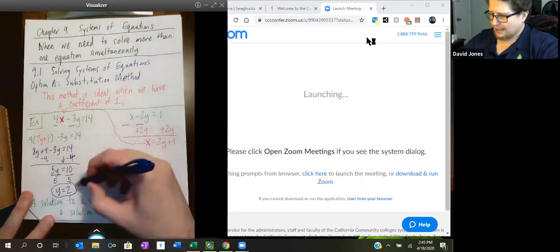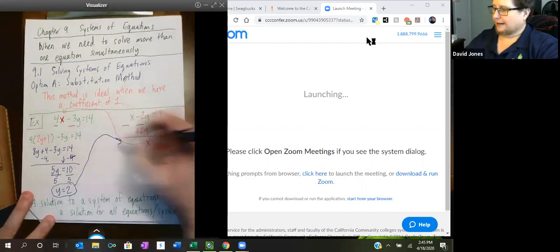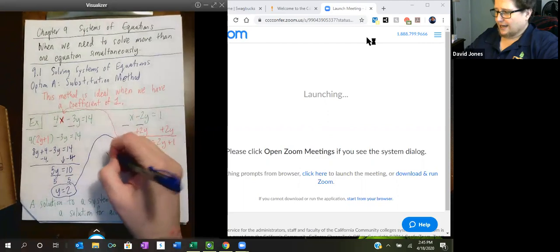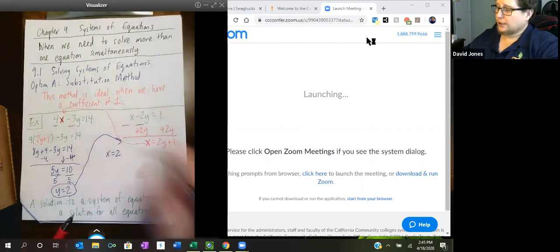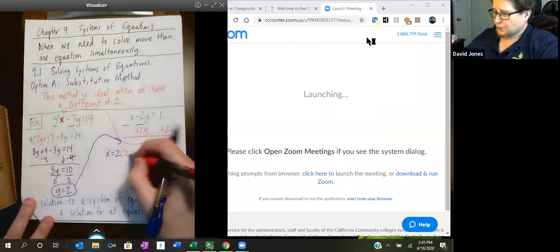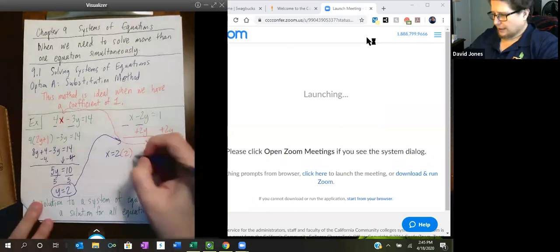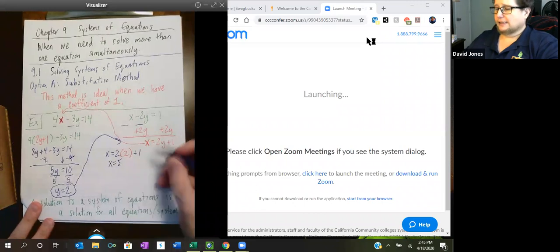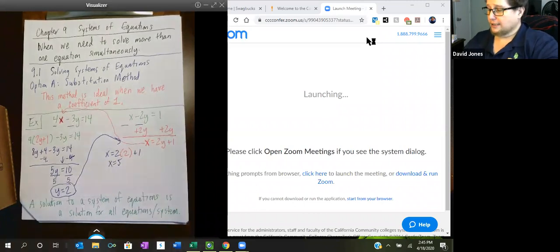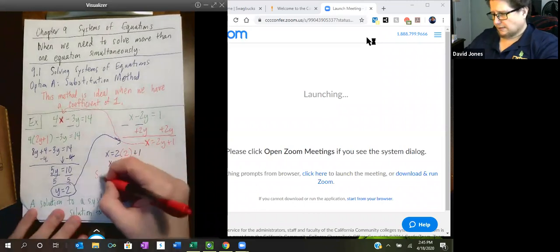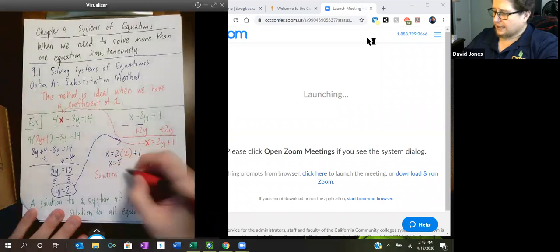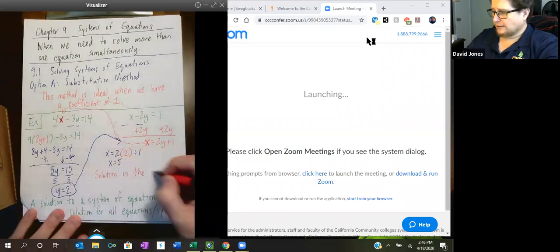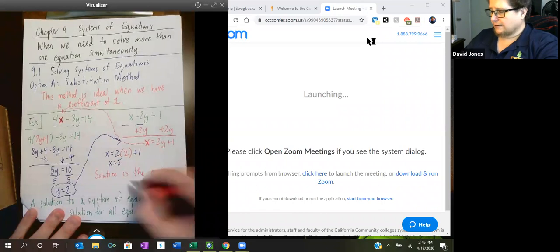Now we're going to take that and plug that in there. I have x equals 2 times 2 plus 1, so x equals 5. The solution is the point or coordinate 5, 2.